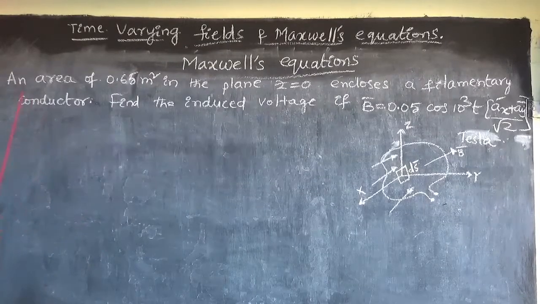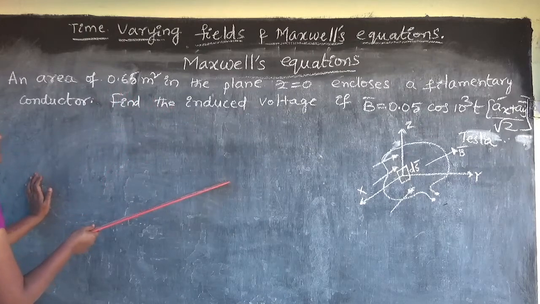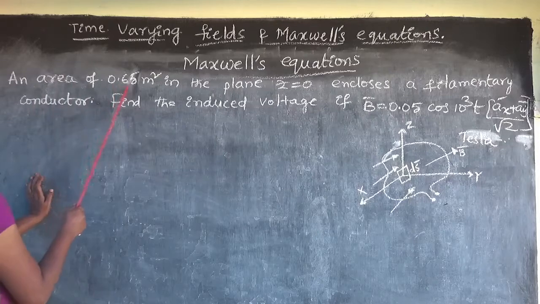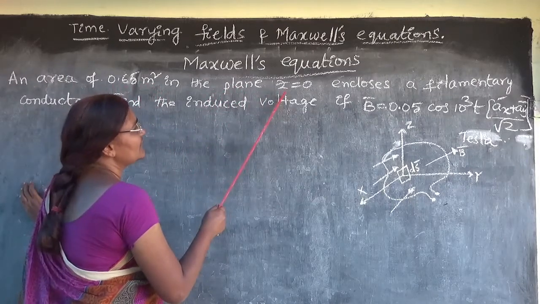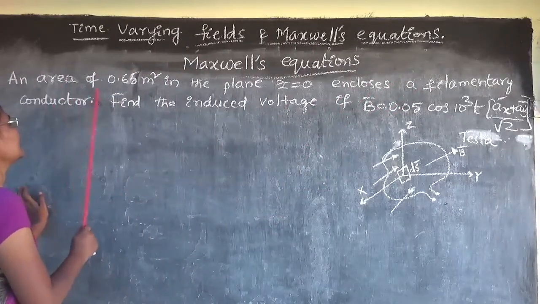So now we will do one problem, the first problem. An area of 0.65 meter square in the plane z equal to 0 encloses a filamentary conductor.